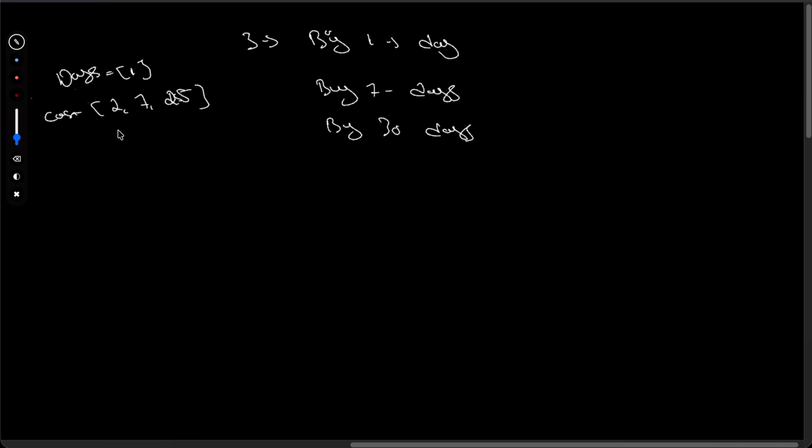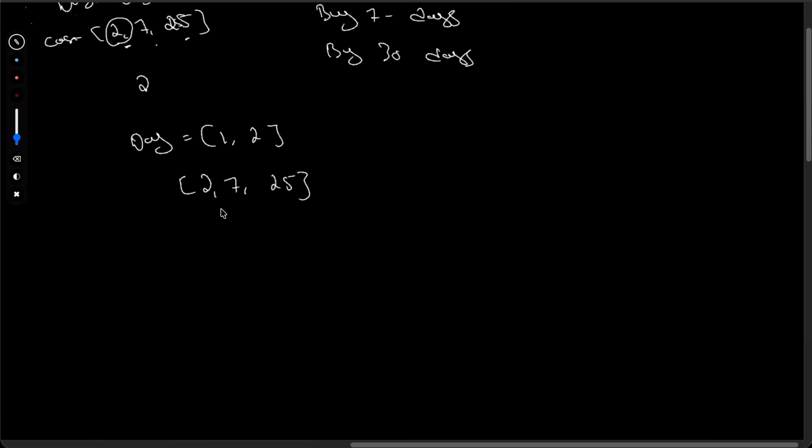You only travel on day 1, so you can buy a 1-day pass for 2, a 7-day pass for 7, or a 30-day pass for 25. So the minimum cost is 2, so the answer is 2.